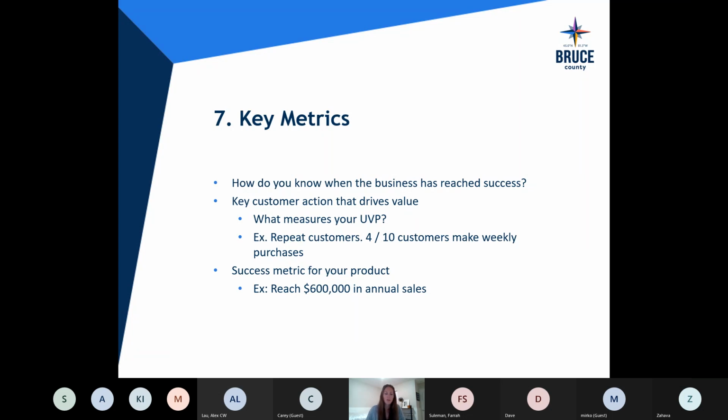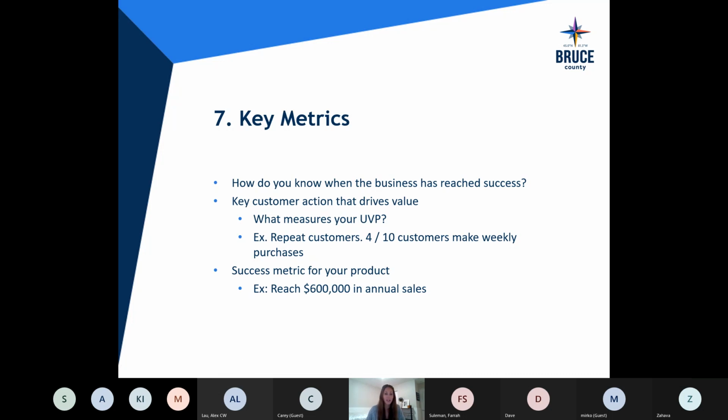So there's 2 different sections of key metrics that we'll walk through. One is your key customer action. This is the action that drives value for your customer. So you are going back to thinking, what measures your unique value proposition? So for instance, I might say with my food box, well, I need repeat customers.